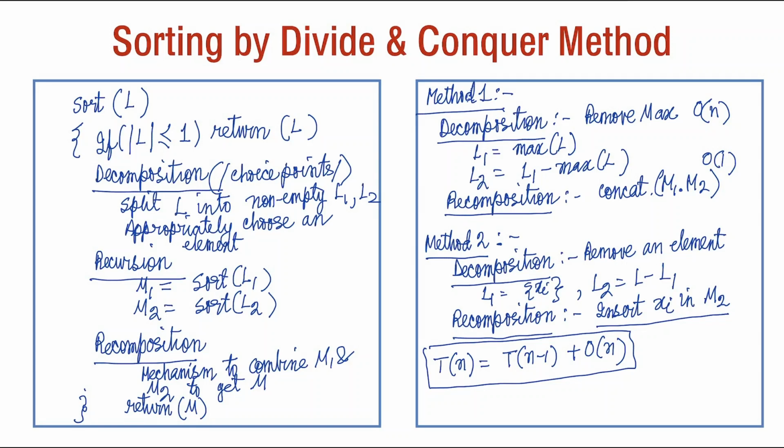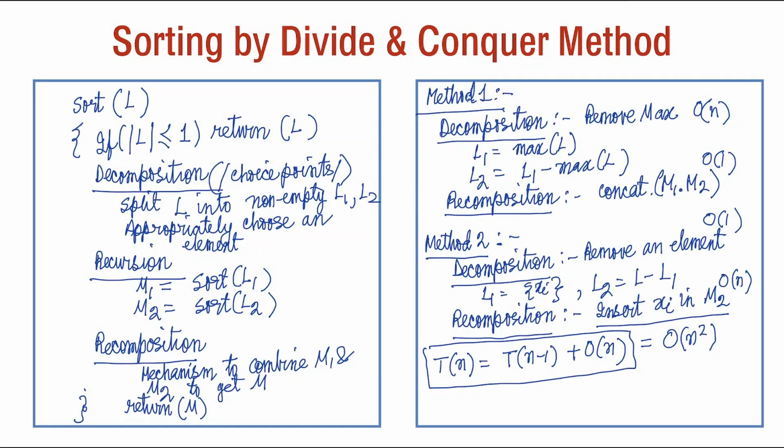Whereas in method 2, because this was removing an arbitrary element, this was order 1 and this was order n. In any case, both of these would give an order n squared algorithm.